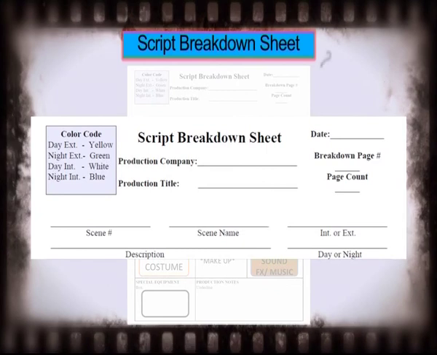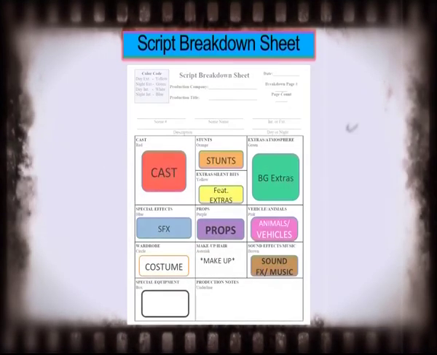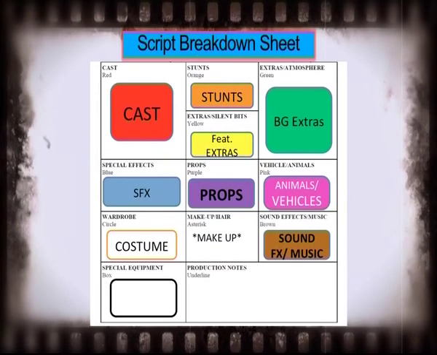It has to be the same. So apart from that, you have all these elements like location, you have the time of that scene, you have the interior exterior, which is in the top portion of that script breakdown sheet. And then comes all the elements which I have already described.